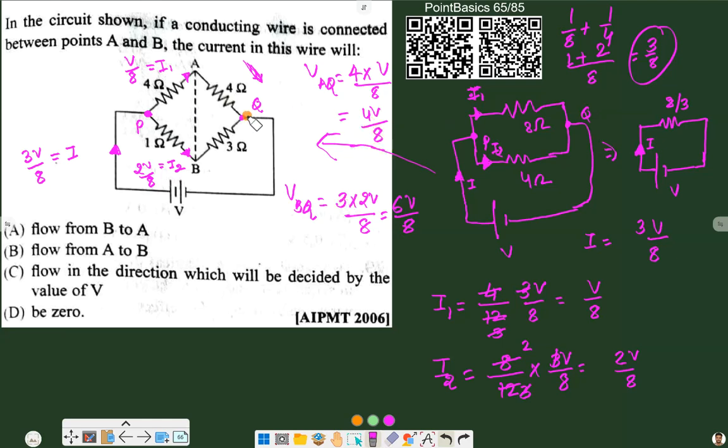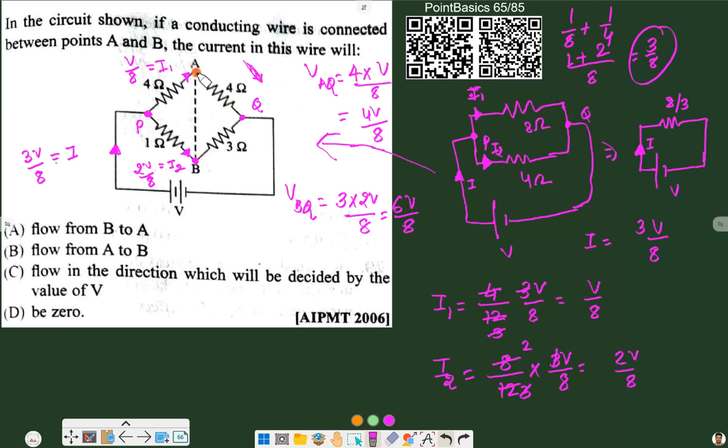Now, why did we calculate potential for these 4 and 3? Why not 4 and 1? For that, as per the question, we have to find whether, if we connect A and B, current will flow from A to B or B to A. For that, we have to find the potential at point A and the potential at point B. And potential is always measured with respect to ground.